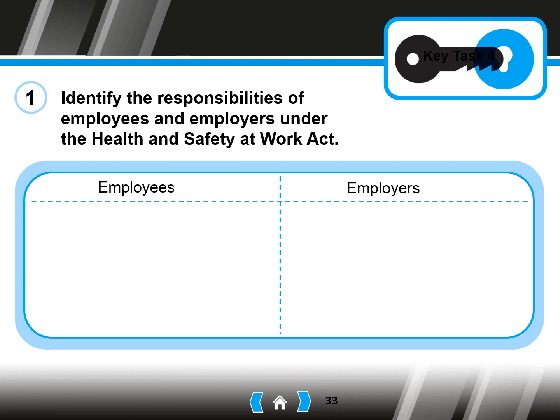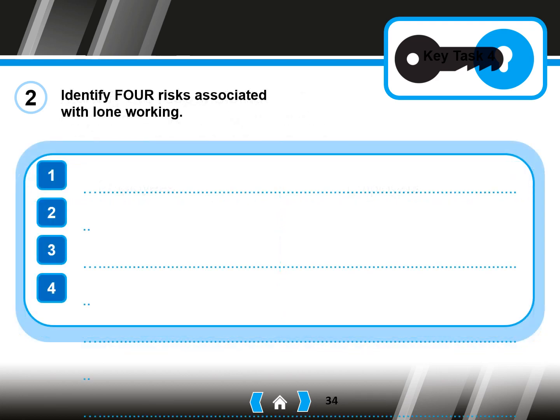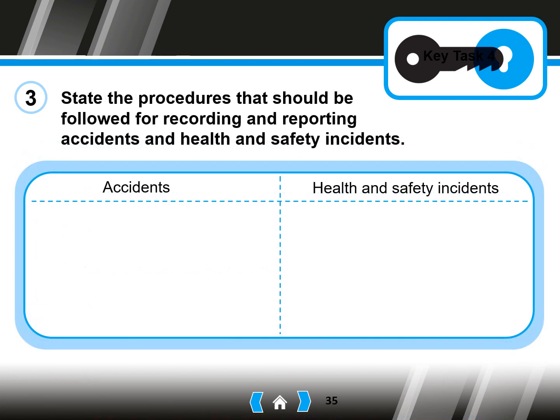So you're going to make a note on both sides once you've identified them. Identify 4 risks associated with lone working. So if you're working on your own, what are some of the risks? And state the procedures that should be followed for recording and reporting accidents and health and safety incidents in each of those boxes.